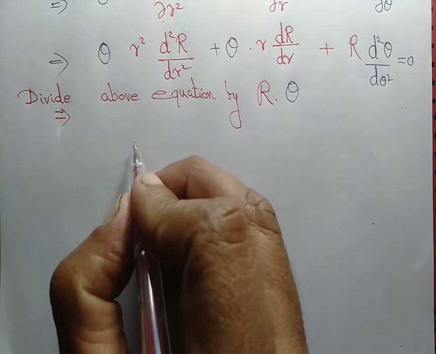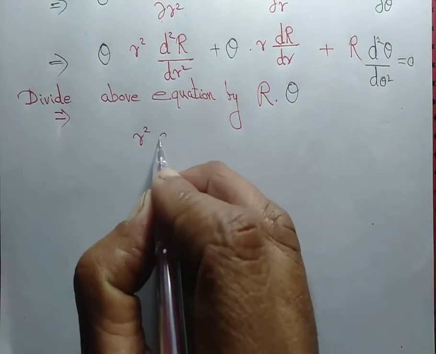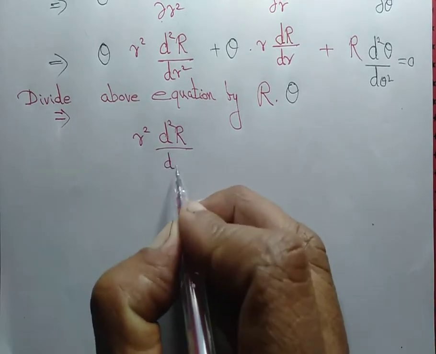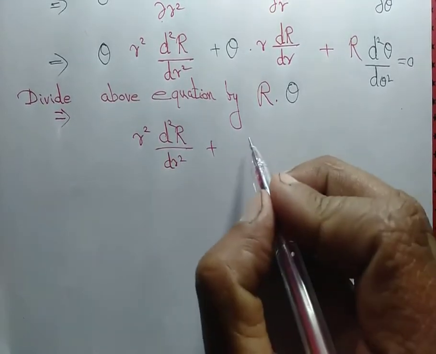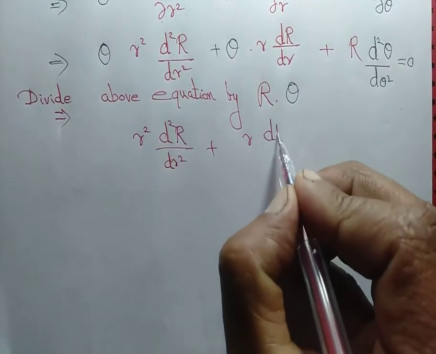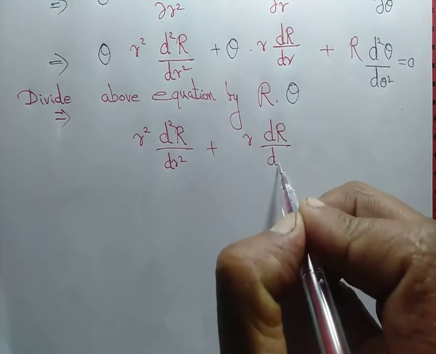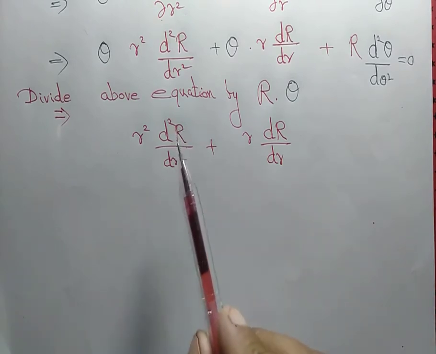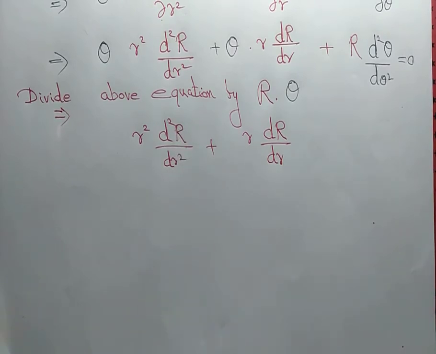We get r square d2r dr square plus r dr, that is derivative of capital R with respect to r and double derivative of capital R with respect to r.